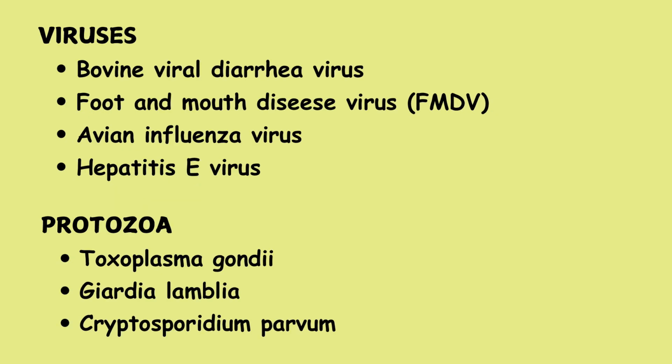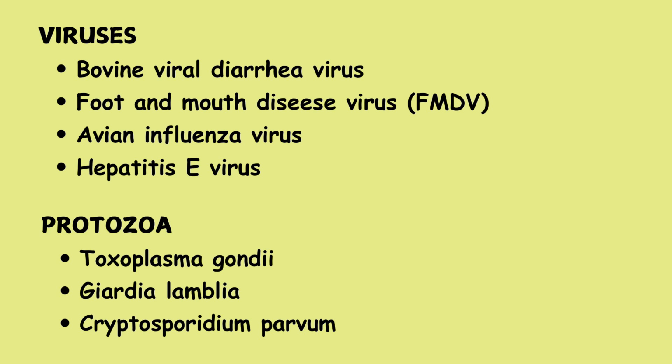Viruses are less common in milk, but they can occasionally be present in cases of zoonotic infections, that is, diseases which are transmitted from animals to humans. The milk itself is not a common medium for viral infections, but some viruses can infect the dairy cattle and be transmitted to humans through raw milk.